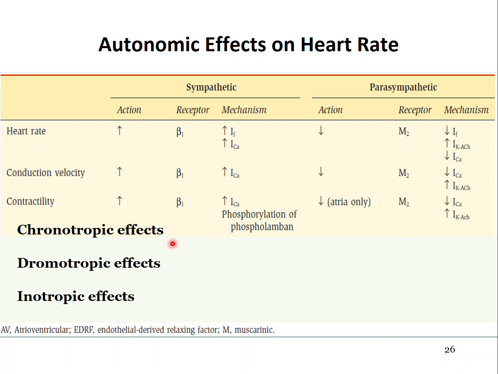Anything, any drug or chemical, that affects the contractility of the heart, we say has an inotropic effect, and what affects the rate of the heart, we call a chronotropic effect. So a chronotropic effect means an effect on heart rate, and an inotropic effect means an effect on contractility.